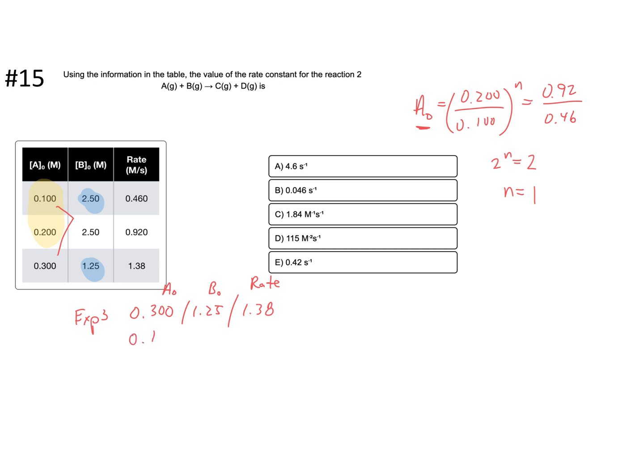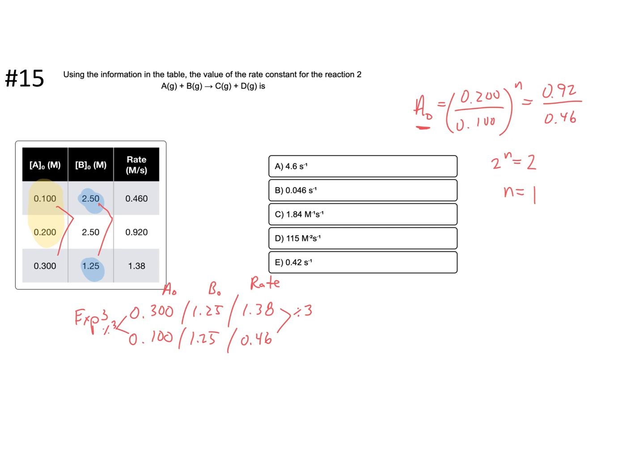So I'm going to drop this down to 0.1 because I'm going to basically divide this by 3. I want to keep this the same because that's my variable. Between 1 and 3, I got to change that concentration. If I divide the concentration by 3, I need to divide the rate by 3. So I divide this by 3, and my new rate of the reaction is 0.46.